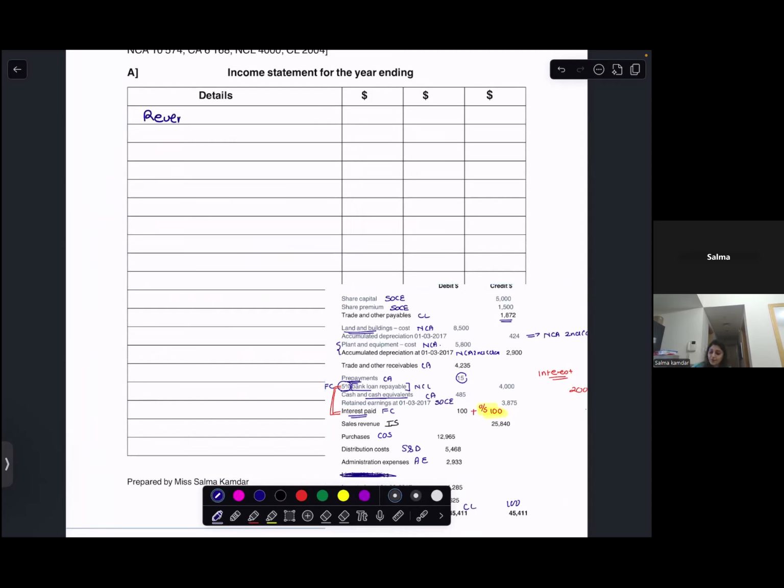It would be revenue minus the cost of sales. It's not necessary to put the sign of minus, but I write cost of sales, which would be in my working note number 1. What you will get is the gross profit.